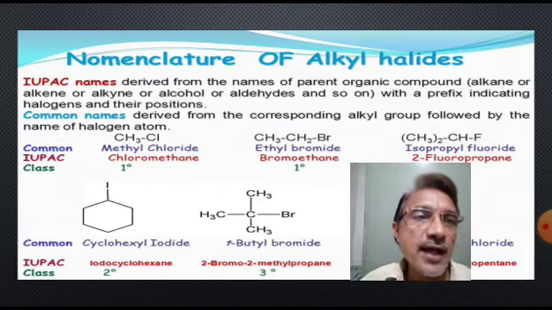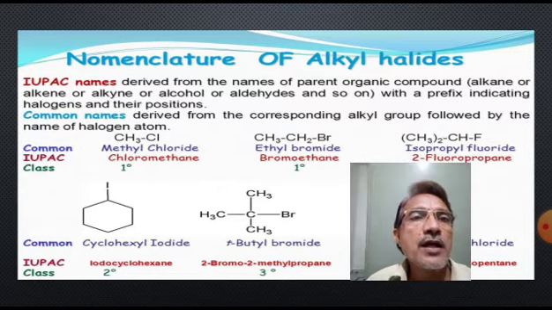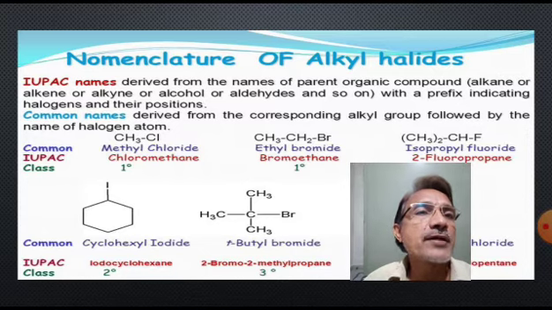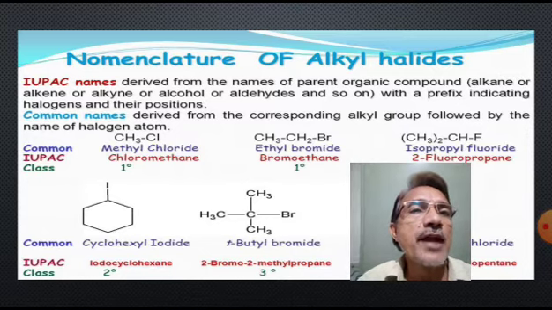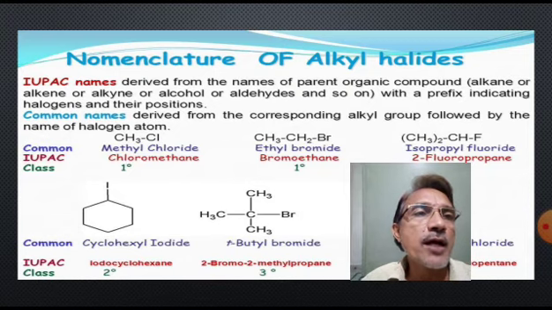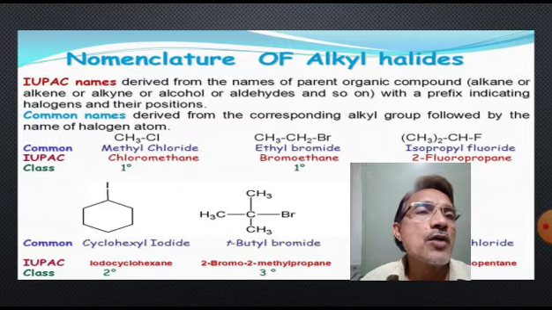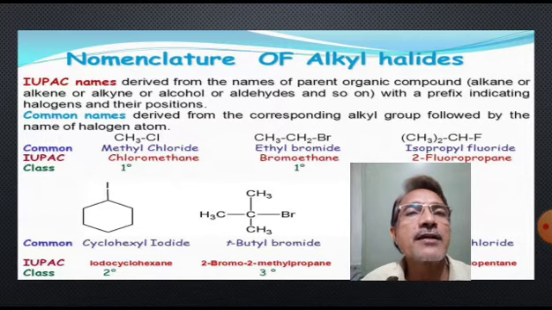Nomenclature of alkyl halides. IUPAC names are derived from the names of the parent organic compound, alkane or alkene or alkyne or alcohol or aldehydes and so on, with a prefix indicating the halogens and their positions.